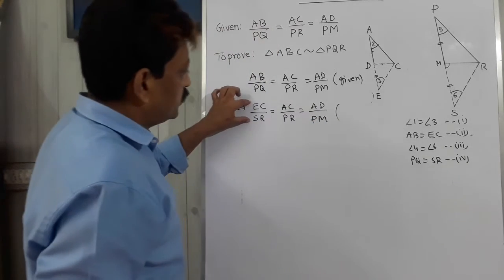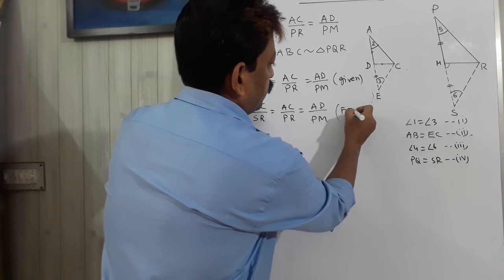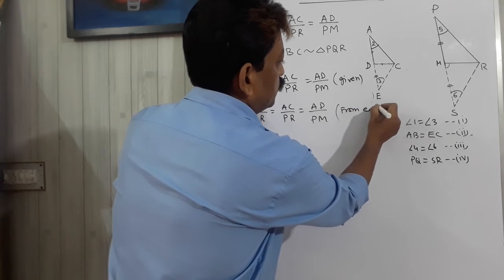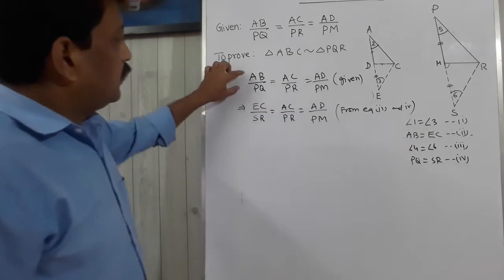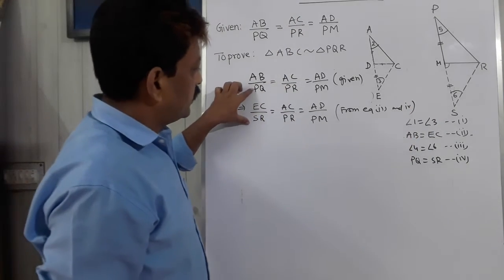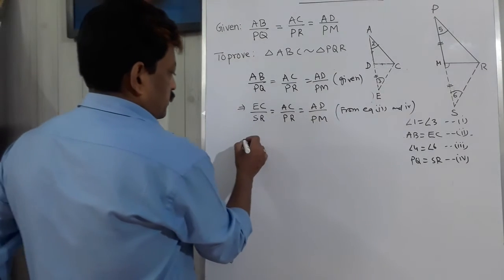So we have got these two things from equation number 2 and 4. AB is equals to EC and PQ equals to SR. I have just replaced the values from these two equations.